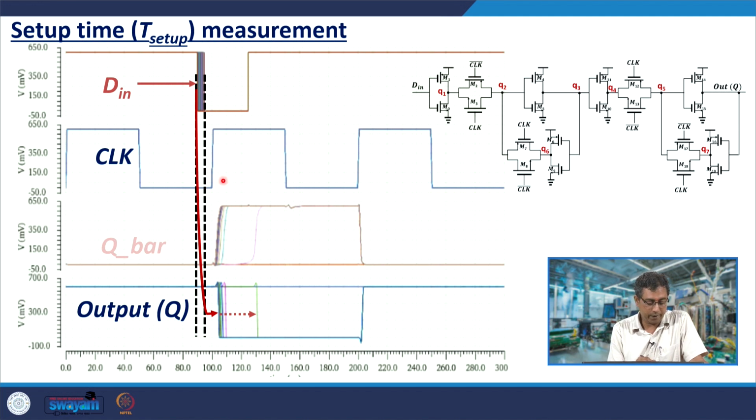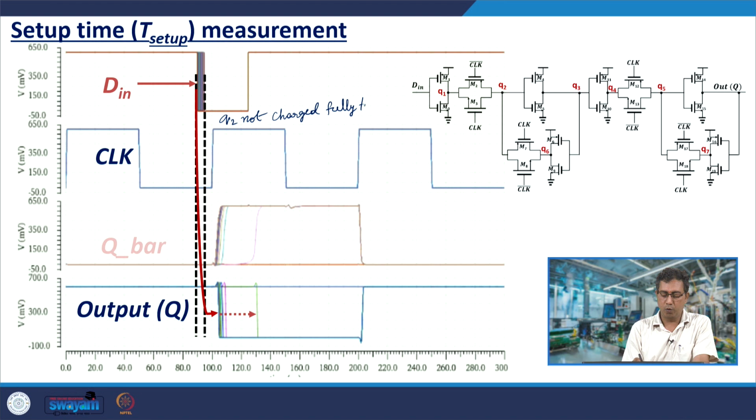Due to that, Q2 is not getting sufficiently charged before the clock turns 0. Nevertheless, Q2 is getting charged to a value above the inversion threshold of M4, M5. So, the delay of inverter M4, M5 is increasing, as it does not go fully to VDD.